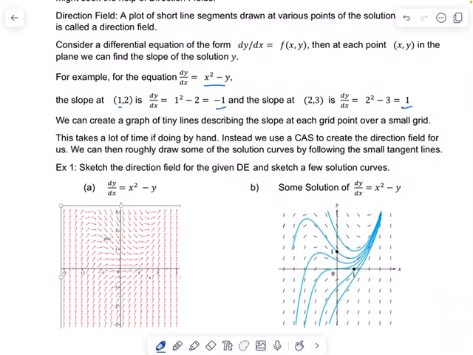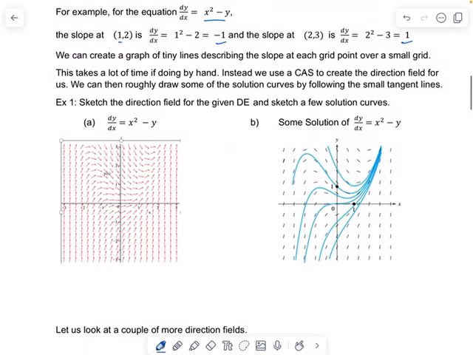This is the direction field in example 1 part A. The given equation is dy by dx is equal to x squared minus y. Below it, this is the direction field for x squared minus y. If you notice, we can see some shapes.